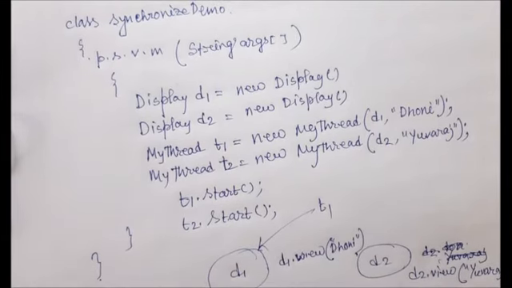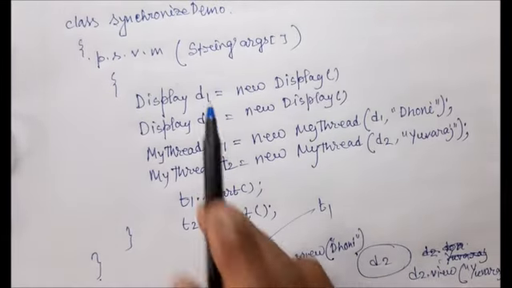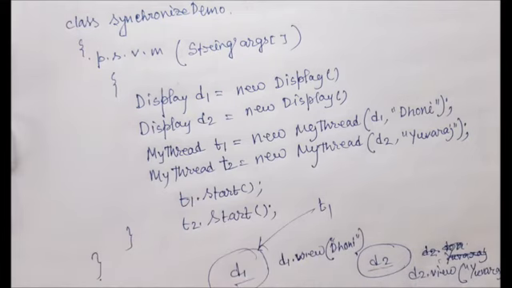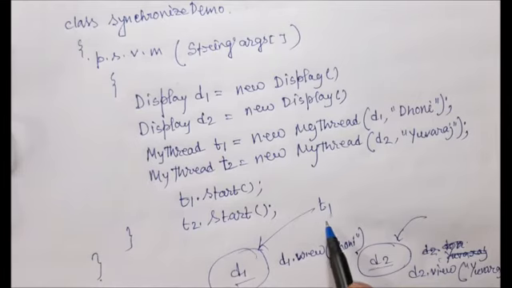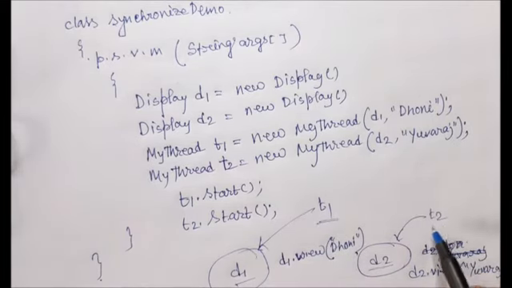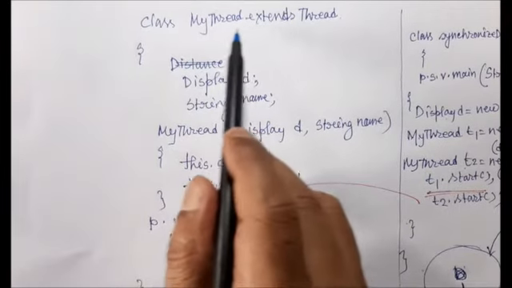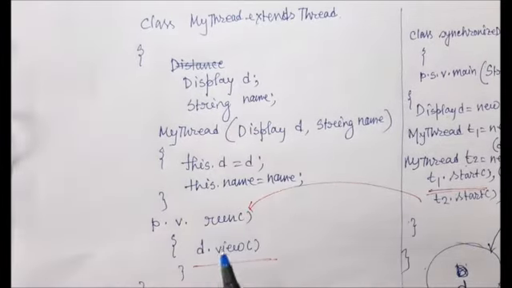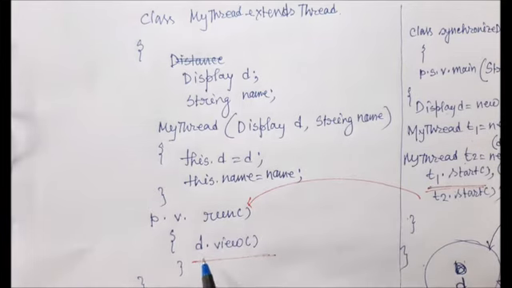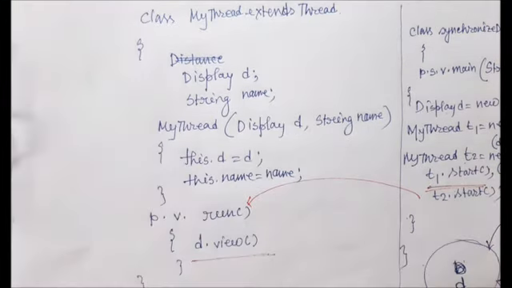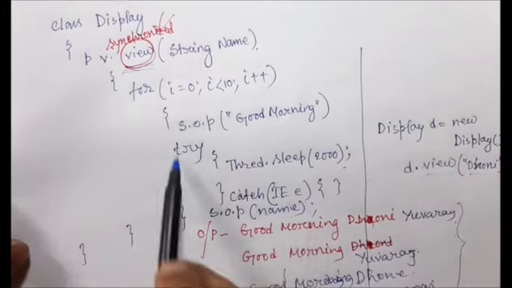Now, consider we have two objects, one object is d1, another object is d2. D1 object is accessed by which thread? The t1 thread, and the d2 object is accessed by the t2 thread. I am considering the same example, the MyThread class and the Display class.